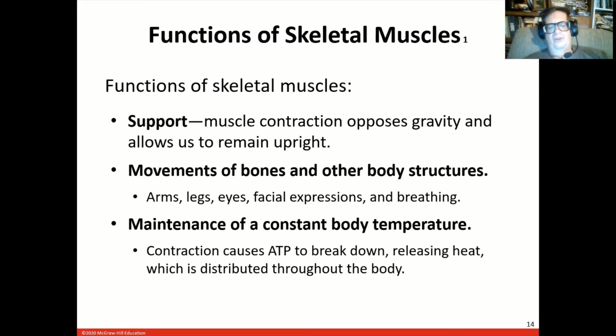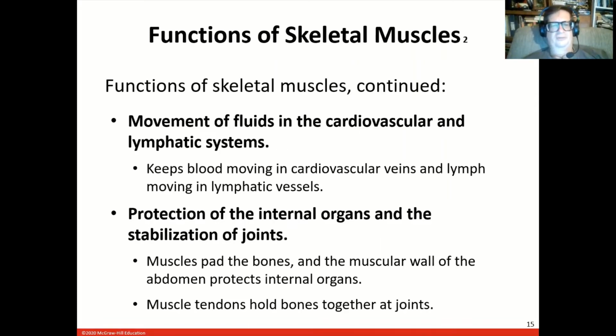Obviously, your muscles are releasing heat at that point. They're breaking down ATP and releasing heat, which travels through the body. This is true at any time, but if you get really cold, you're contracting the muscles faster in an effort to fight the heat loss. That's the shivering. All right. Movement of fluids in the cardiovascular lymphatic system. Cardiovascular, you've got that. The heart, it pumps there.